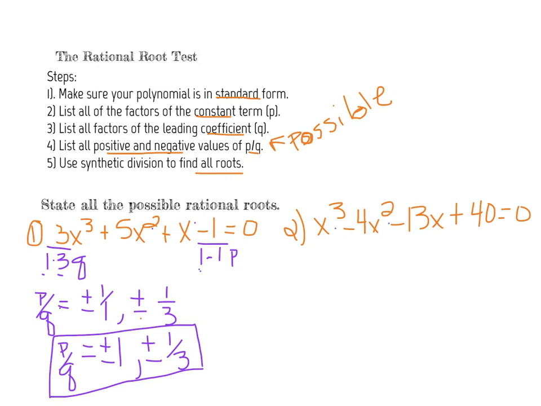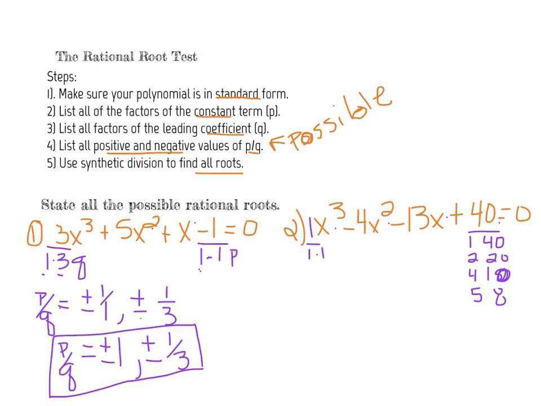So 3, 2, 1, 0, it is. My factors of 40, we'll have quite a few: 1 times 40, 2 times 20, 4 times 5, 4 times 10, and 5 times 8. And then my leading coefficient is 1, so my factor is just 1 there.